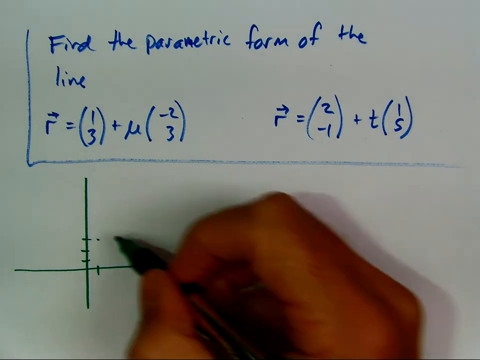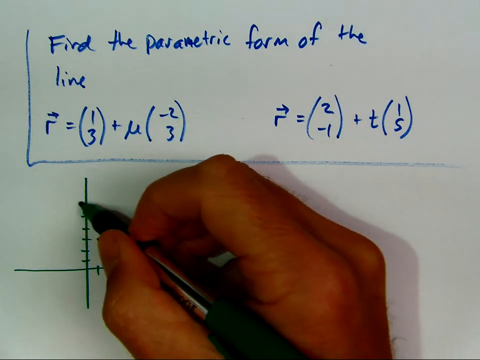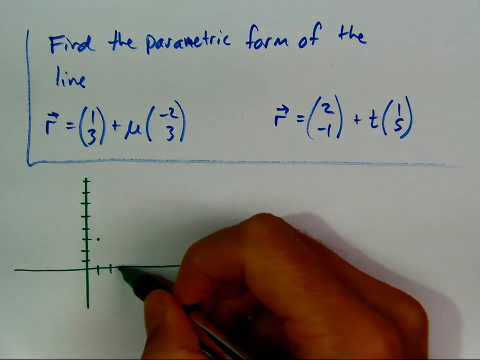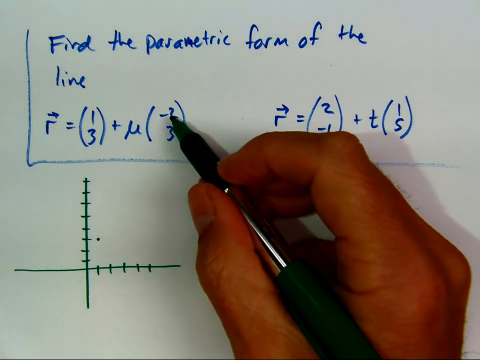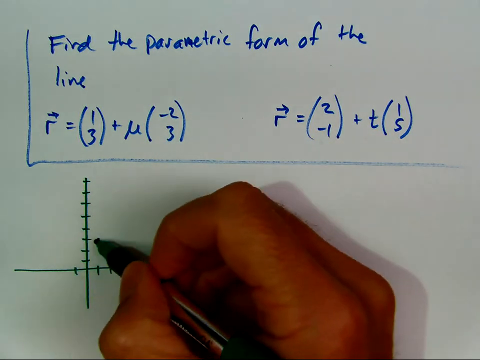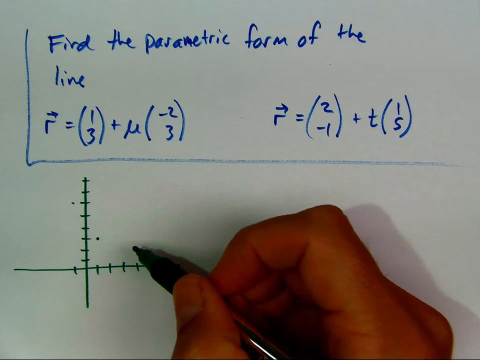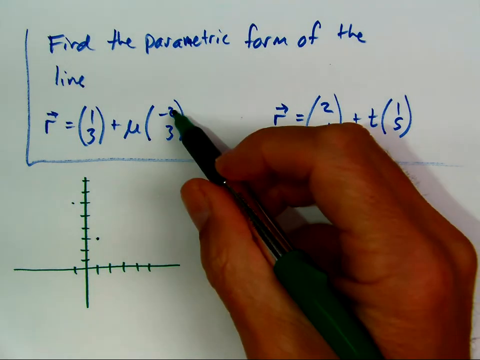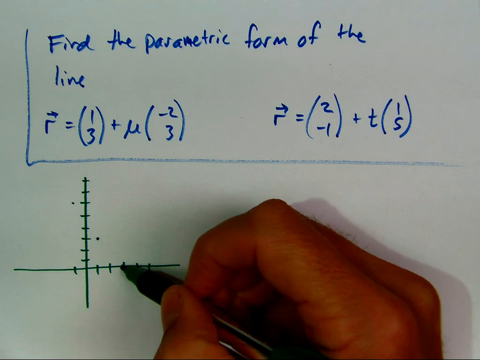And then go a multiple of negative 2, 3. And every multiple of this vector will be a point on the line. So if we just went left 2, up 3, left 2, up 3, there's a point on the line. We could also go right 2, down 3, right 2, down 3, there's another point on the line.